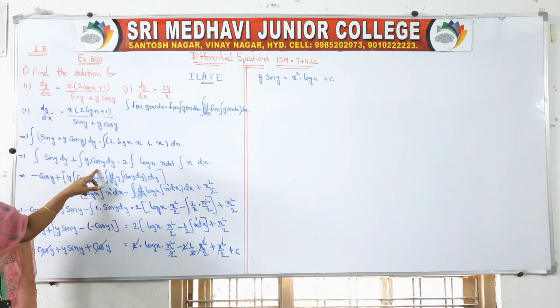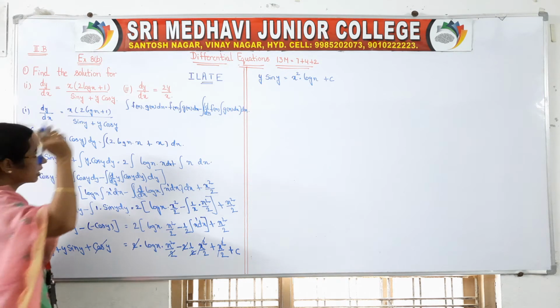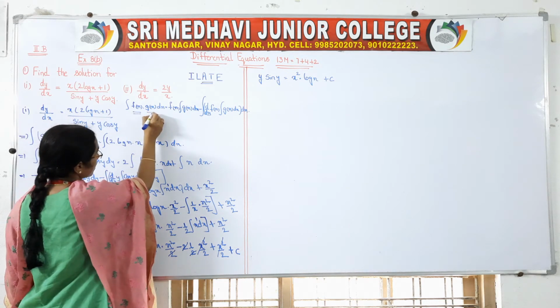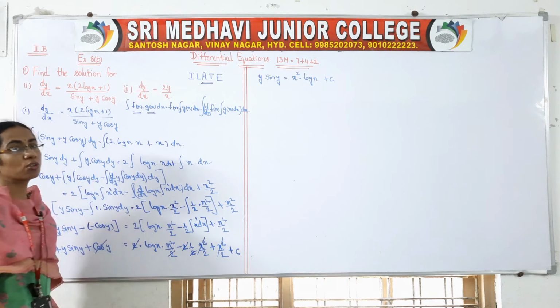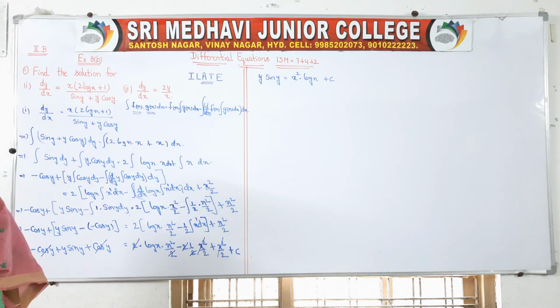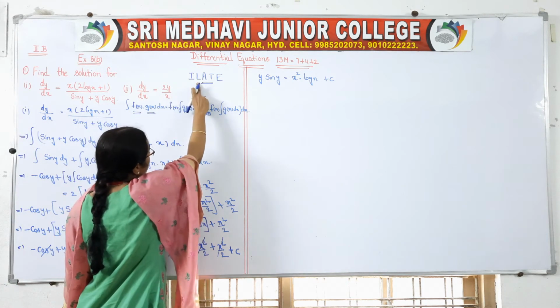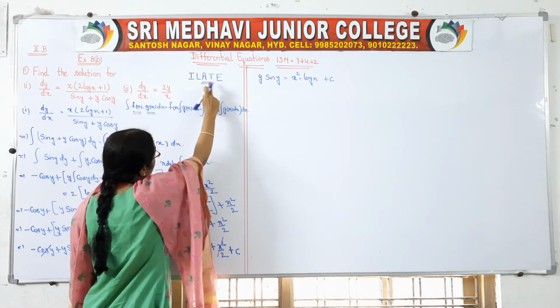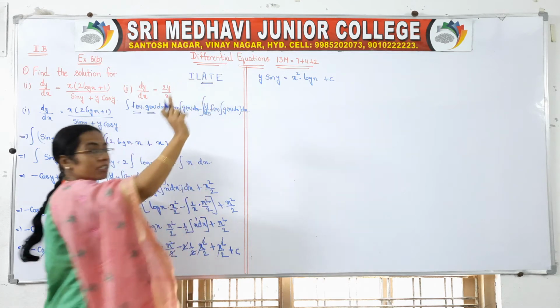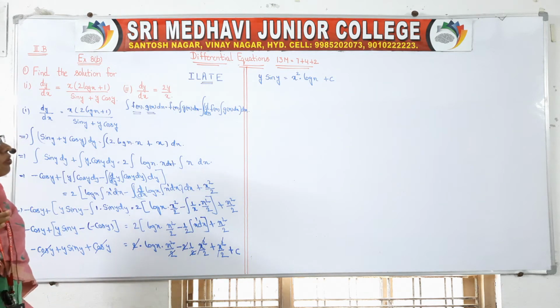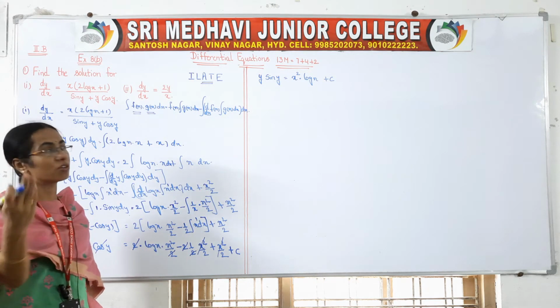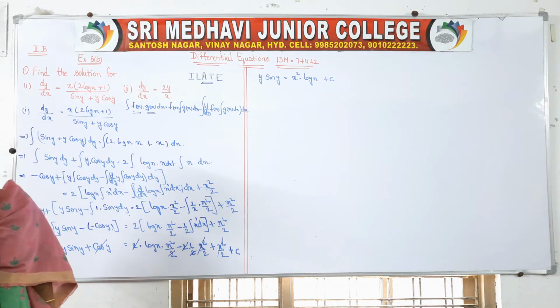So algebra, trigonometry. While deciding this f of x and g of x, we have to follow the order of that sentence, ILATE. First inverse should come, next logarithm, next algebra, next trigonometry, last exponential. E to the power of x, e to the power of 2x, e to the power of 3x are called exponential functions.